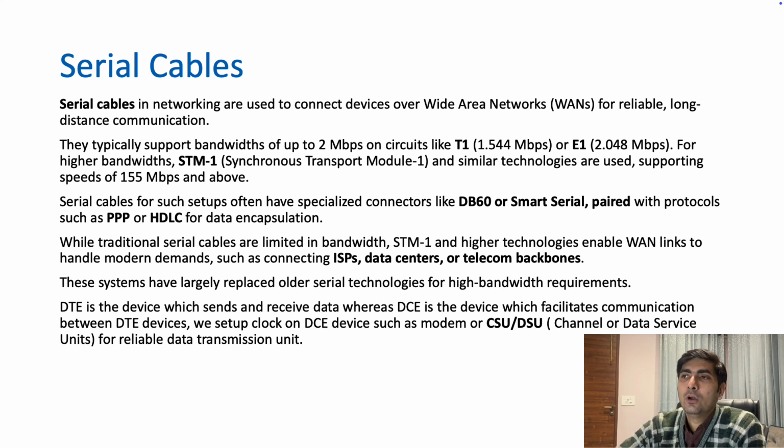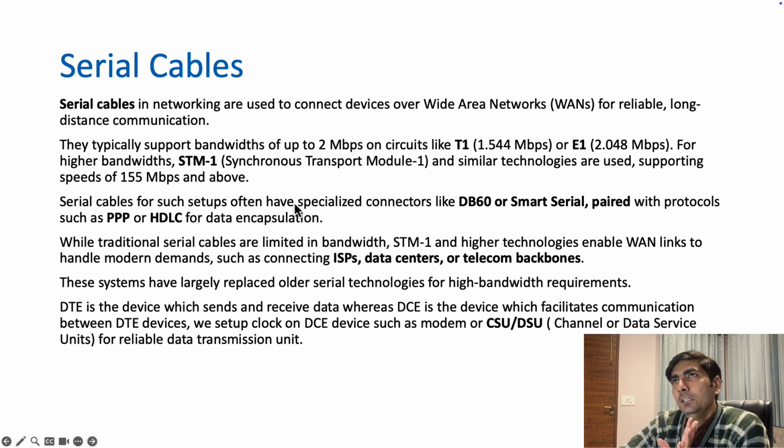So T1 is not used in India, means even in past, but in US and Japan you'll find this standard. T1 means up to 1.544 Mbps. E1 is 2.048 Mbps, because at that time these requirements were not very much. Okay, so STM1 links, I had seen these being used in some of the companies.